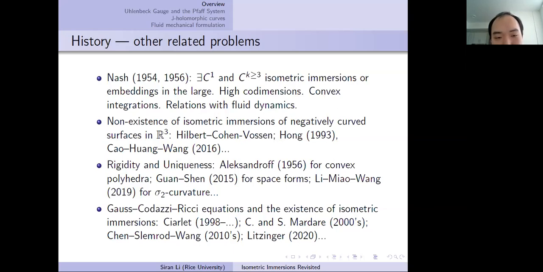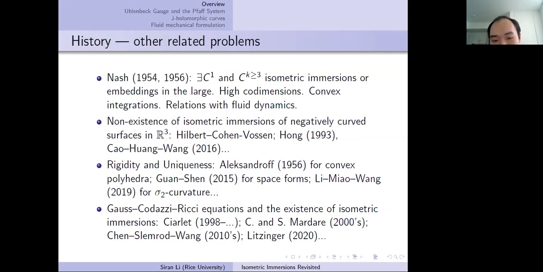And also there are several non-existence results. In the sense that if you have a metric G on the surface, usually by assuming negative curvature, it is known that under certain regularity conditions, it cannot be isometrically embedded into R3.